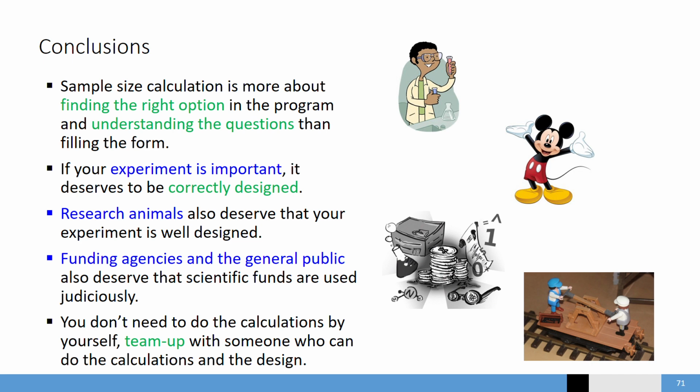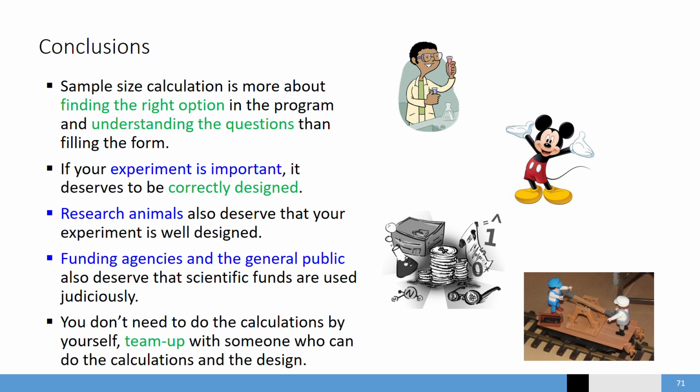If your experiment is important, and we all think our experiments are important, they deserve to be correctly designed. It is not that you do the experiment in any way and then once it is done you realize you have made a mistake. And the research animals that participate in your study deserve that your experiments are well designed.